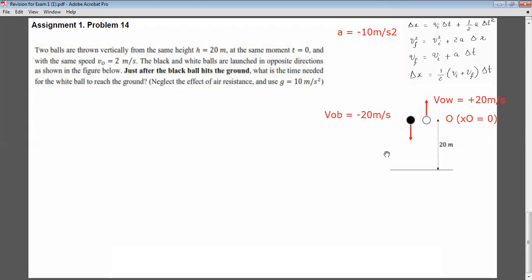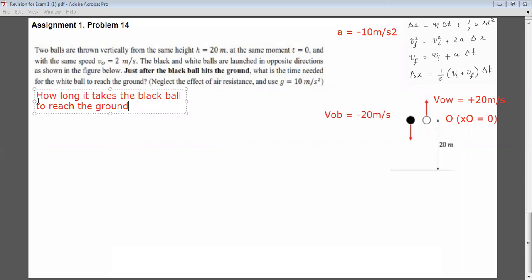Okay. Now, just after the black ball hits the ground, what is the time needed for the white ball to reach the ground? In fact, all you have to do here is to calculate how long it takes the black ball to reach the ground.